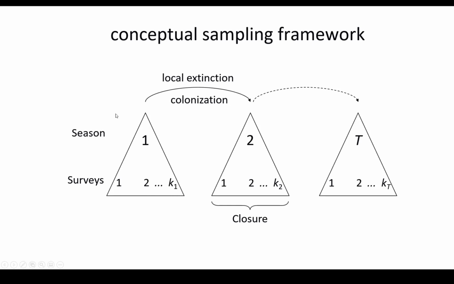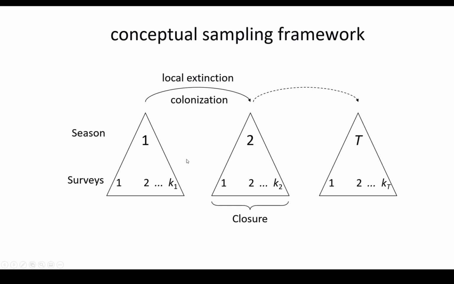And so within each season, we again imagine that the sampling is closed. So within a particular year, the true occupancy state is fixed, it is a constant, because it's closed. But between successive primary periods, between successive seasons, the system's open, and you can have either extinction or colonization events.